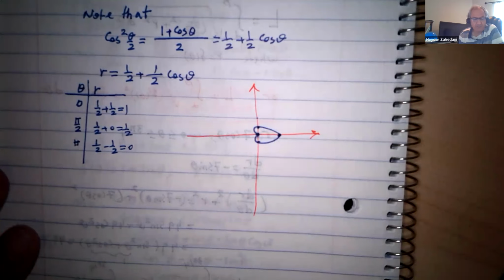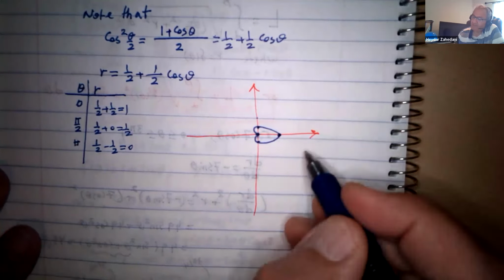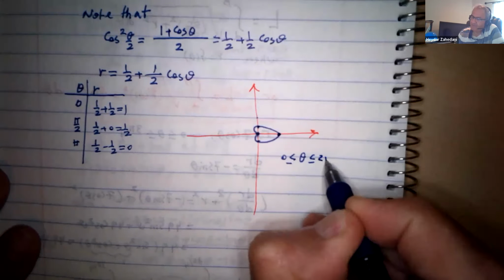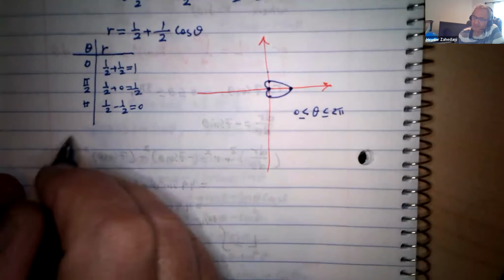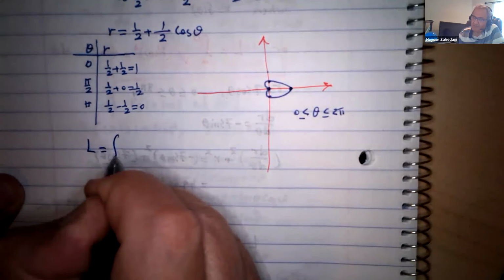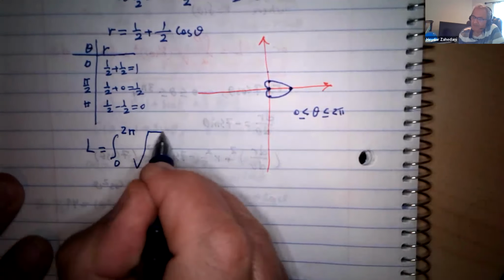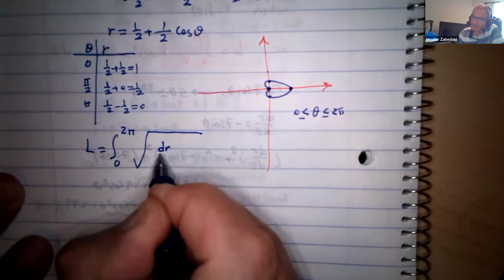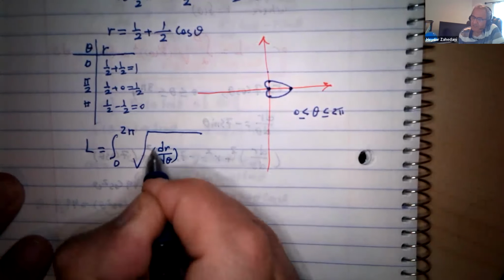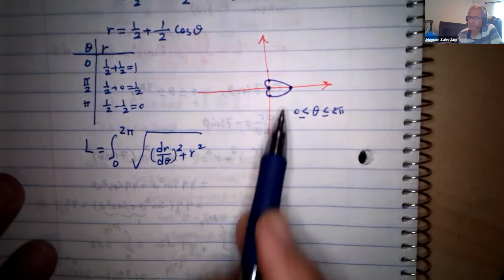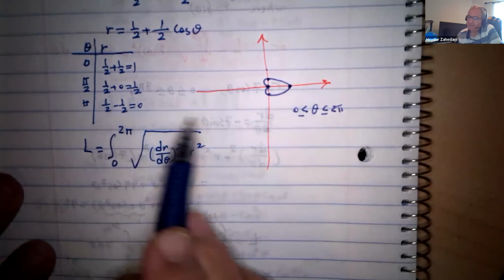Okay, so it's symmetric. If you want to find the arc length, theta is going to be between 0 and 2 pi as you go around. So the arc length is the integral from 0 to 2 pi of the formula that we have, square root of (dr/d theta) squared plus r squared. Since it's symmetric, you see the top and the bottom.